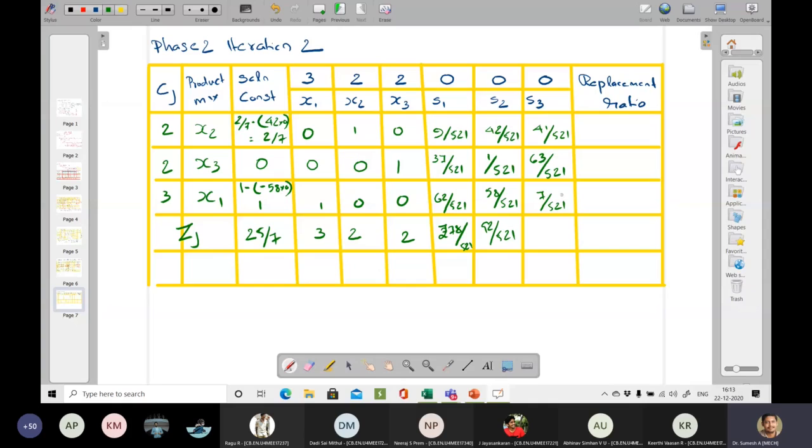So when I calculate Zj minus Cj, you will get 0, 0, 0, 278 by 521, 92 by 521, and 65 by 521.